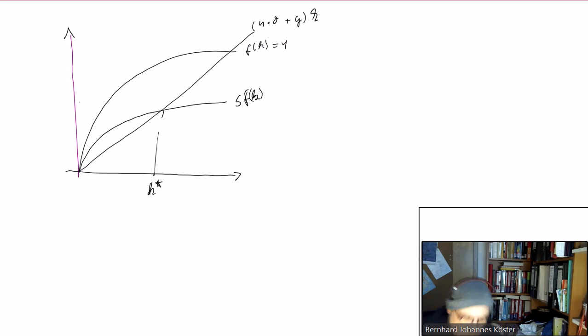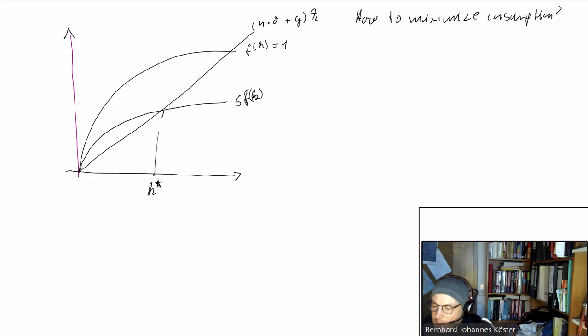Well, now we can ask how to maximize consumption. Well, in general, we have y is consumption plus savings.